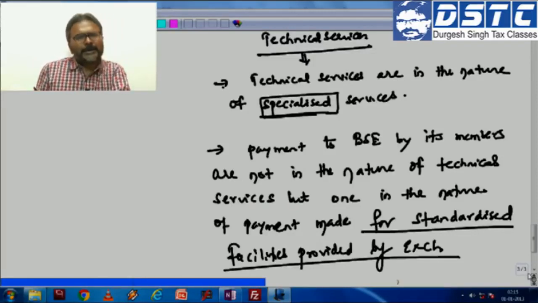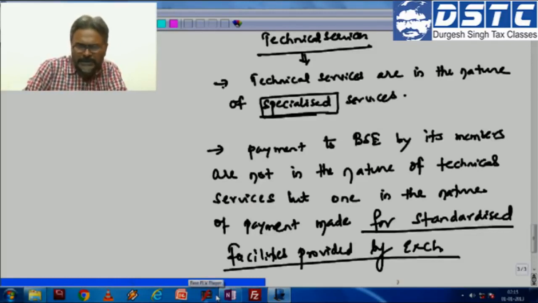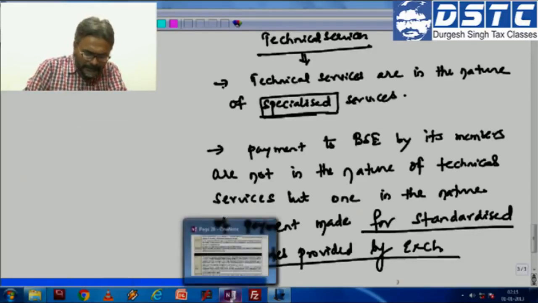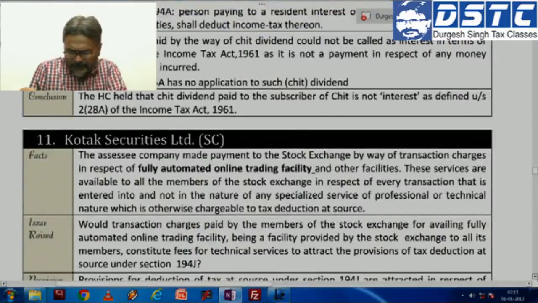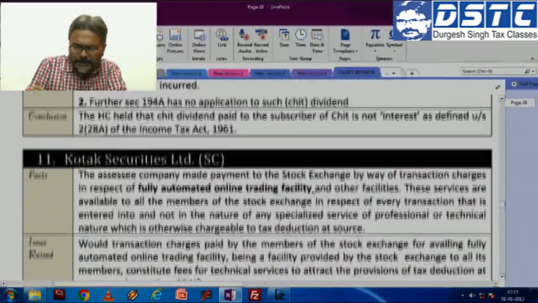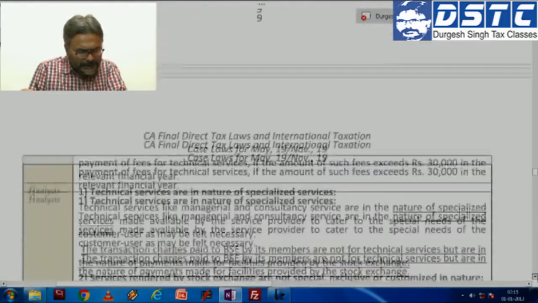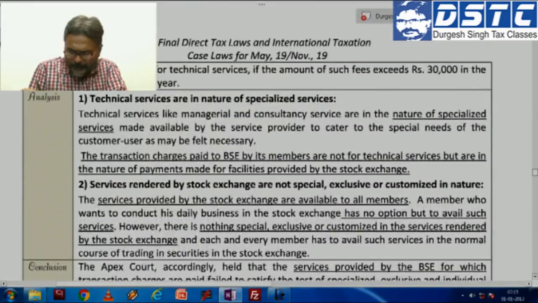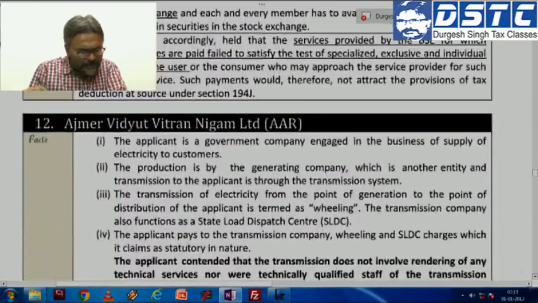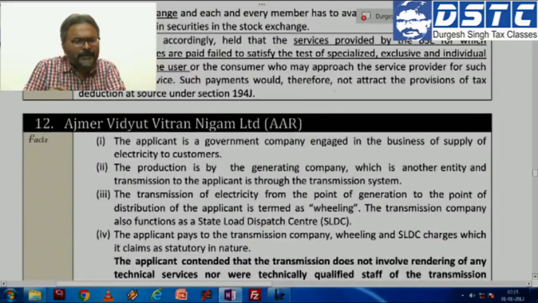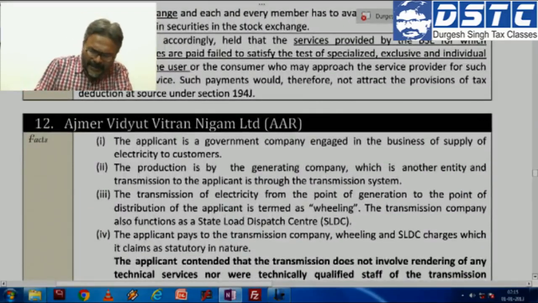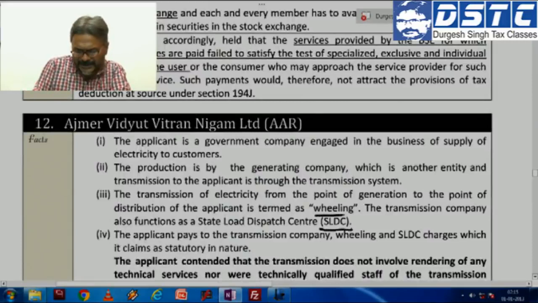Now the next particular case law, Ajmer Vidyut Nigam. So if you go with the next particular judgment, this is all on the same similar line. Ajmer Vidyut Vitran Nigam Limited. Students, here there are some specialized charges.